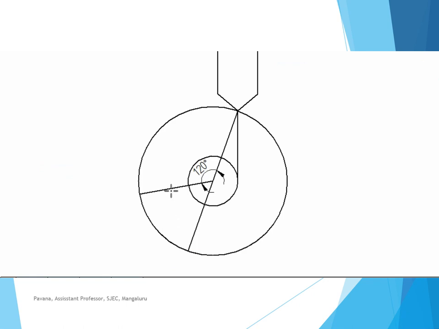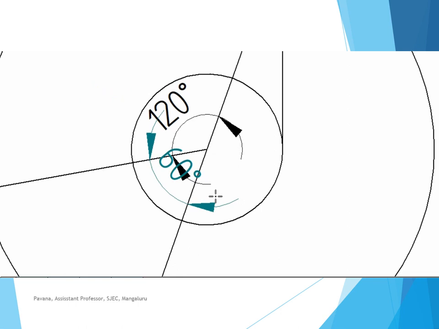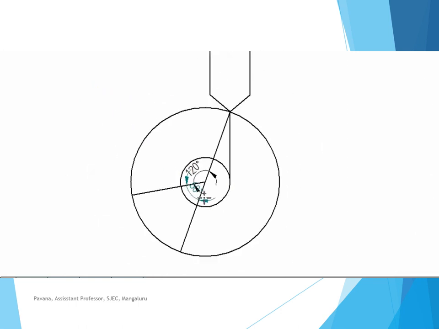So the angle between this line and this line is to be kept 60 degrees. Next angle is 90 degrees. So continue in the same way.